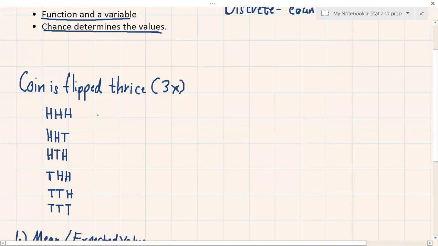What if pwede rin ganito? Okay? Pagka-flip ko once, meron akong tail. Then pagka-flip ko ng second try, meron akong head. Then pagka-flip ko ng third try, meron akong tail. O, diba? And lastly, pwede rin naman ganito.